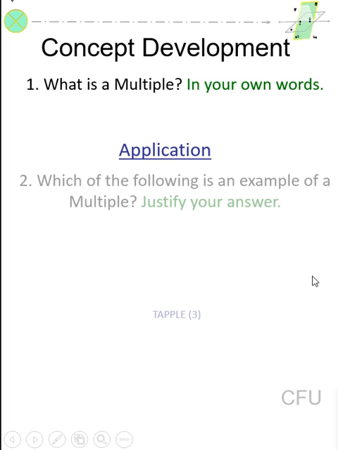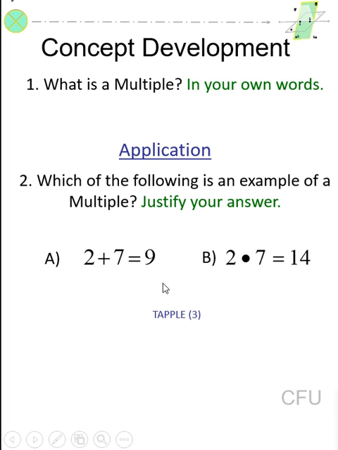Let's see, look up, please. Which one of these represents a multiple? Tell your neighbor, please. A or B, and tell them why. Eric, which one? Why? Because it's multiplying, and it's the product, right? All right. And what would be the definition of multiple in your own words?